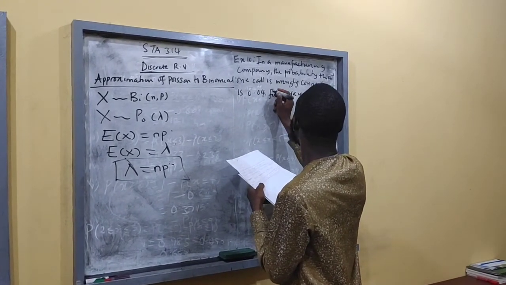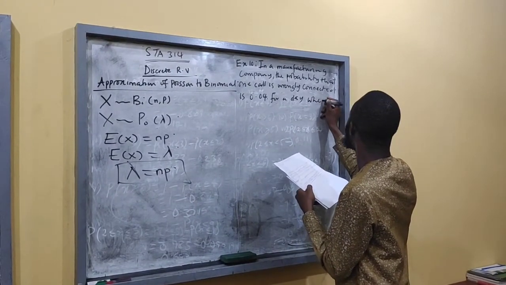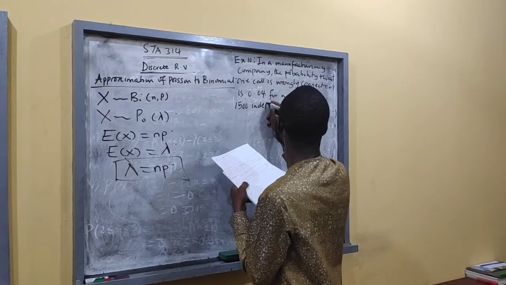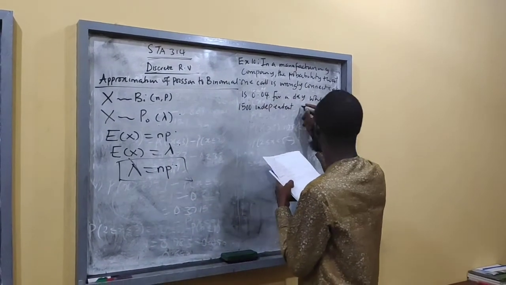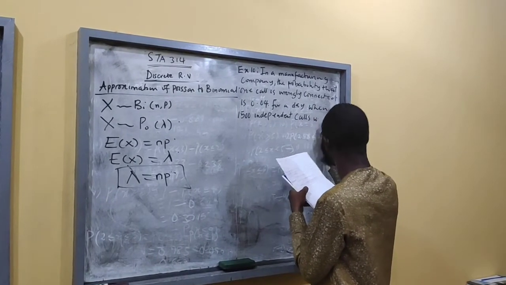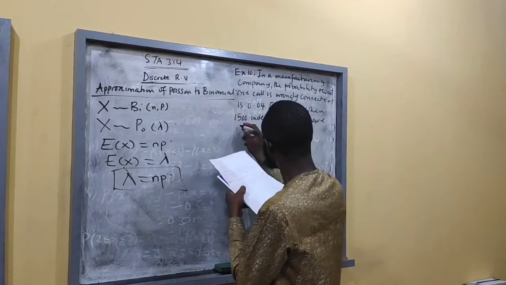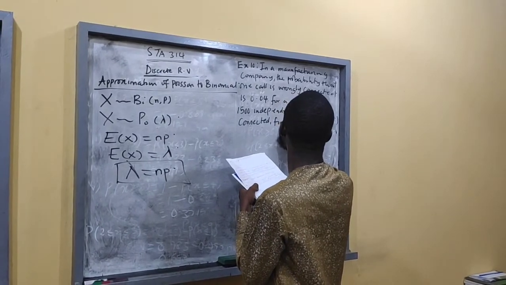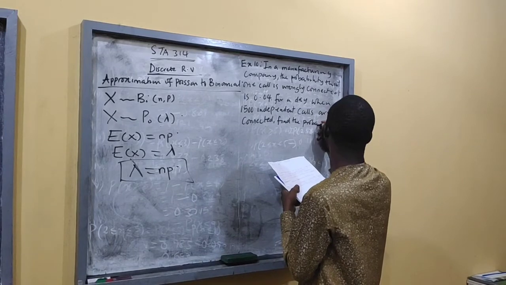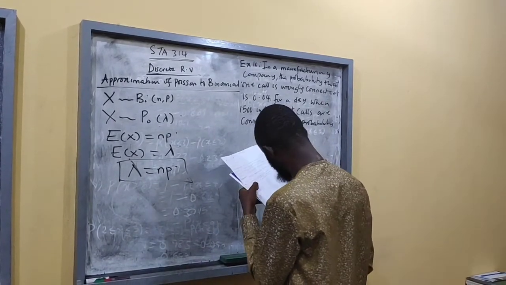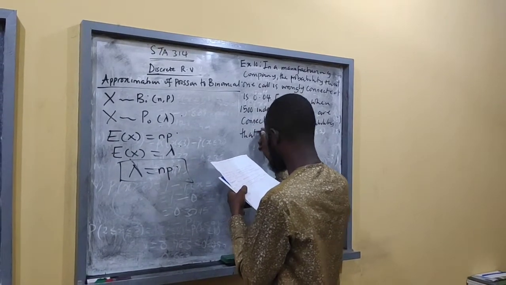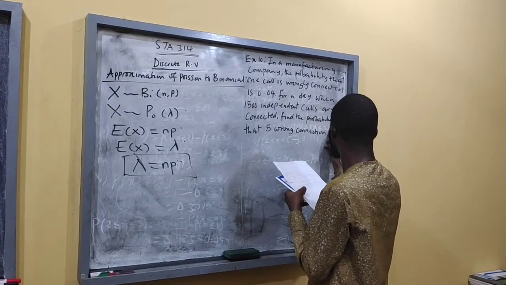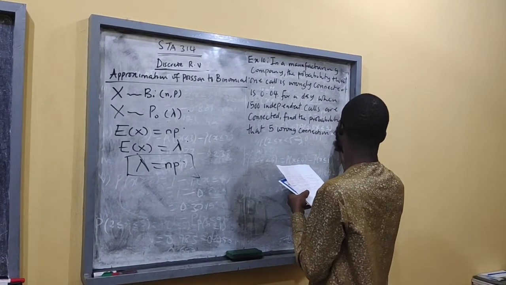For a day, when 1,500 independent calls are connected, find the probability that 5 wrong connections occur where connections are made.